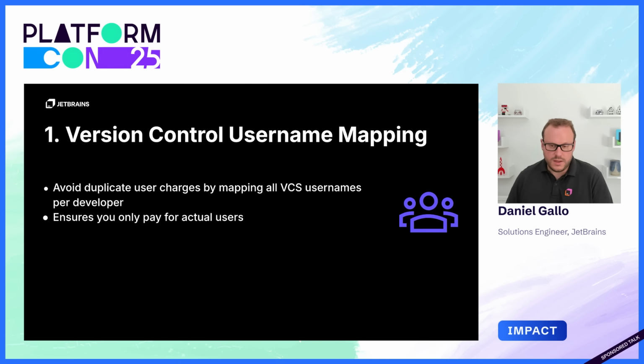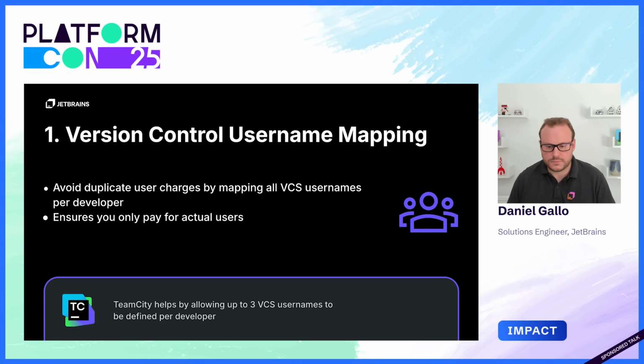So if there's a way for you to avoid duplicate users by combining all of the different version control usernames under a single developer account, this ensures you only pay for the actual developers on your team. In JetBrains' own solution, TeamCity, we help with this by allowing users to specify up to 3 version control usernames for each developer.